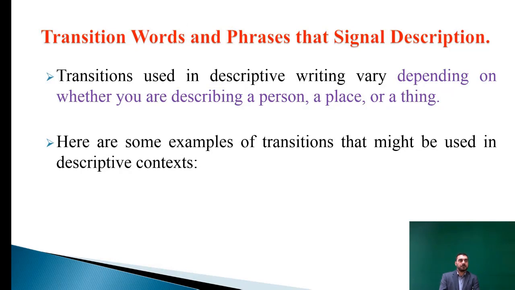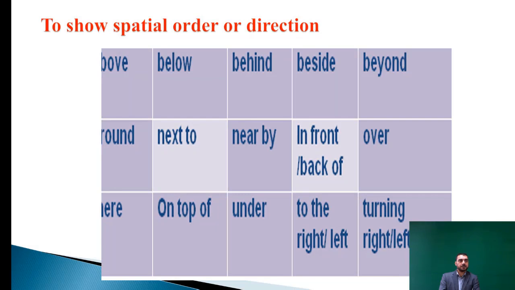Here I'm going to talk about transition words and phrases that signal description. Transitions used in descriptive writing vary depending on whether you are describing a person, place, or a thing. Before going to the next slide that gives examples of transition words or transitional expressions, note that they are used to link the ideas with each other within the same paragraph.